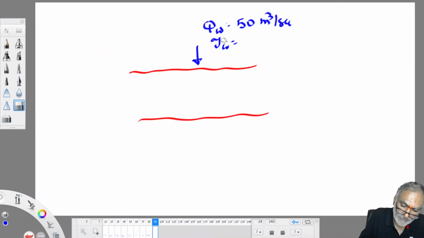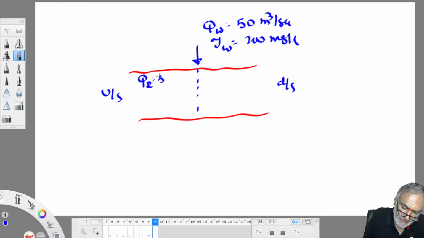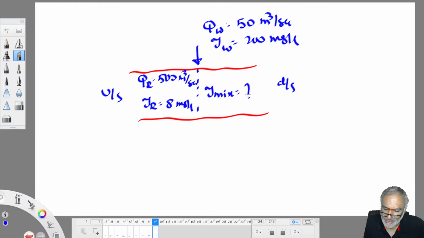That means it is almost untreated; untreated waste we should not dispose actually. This is the upstream side, this is the downstream side. Upstream river flow is 500 meter cube per second with the BOD of river 8 milligram per liter. He is asking what is the concentration of BOD on the downstream side immediately after mixing, so immediately at the point of disposal.